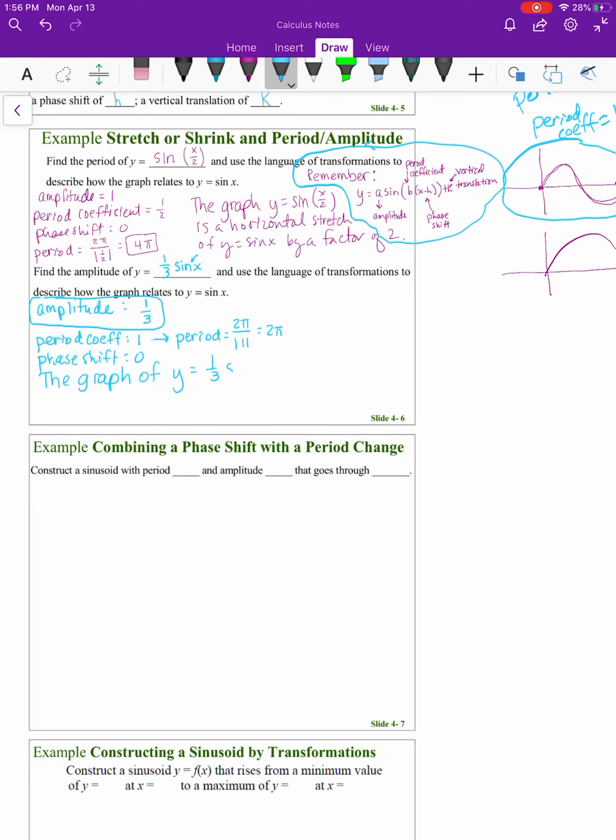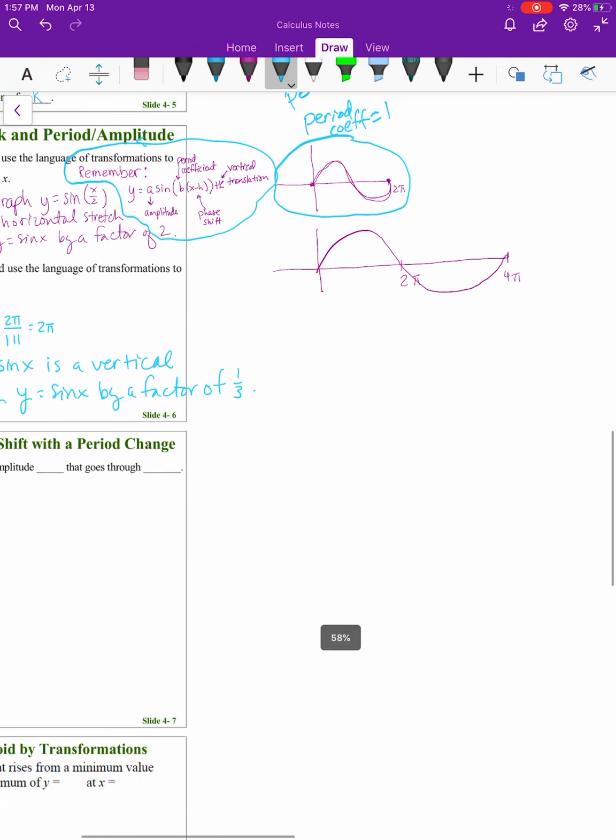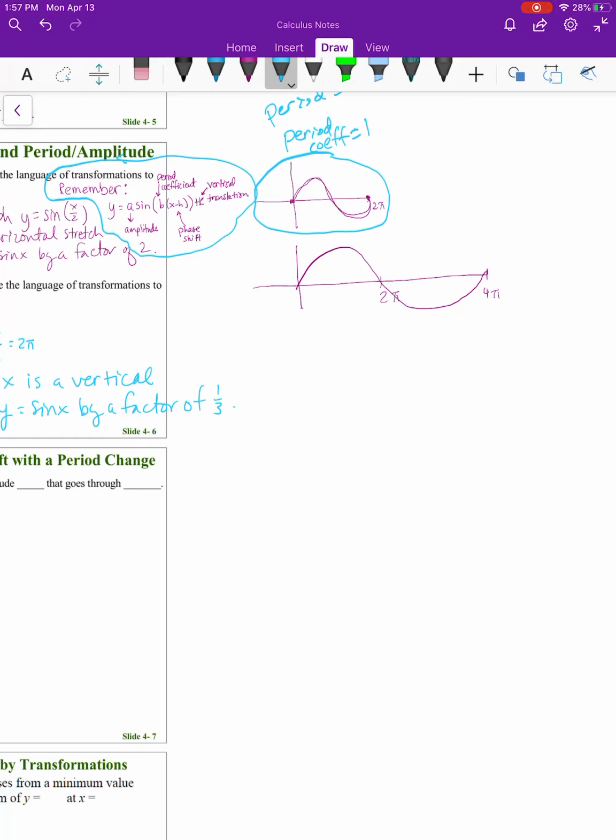So the graph of y equals 1/3 sine x is a vertical shrink of the graph y equals the sine of x by a factor of 1/3. So now, let's think about what that looks like, okay?